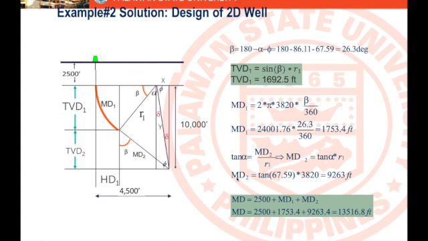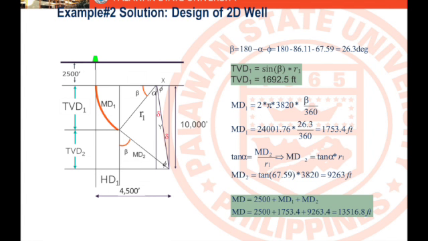So measured depth 2, tangent of this alpha angle right here. Let's go to this triangle. Here's another way to find measured depth 2. The tangent of this alpha angle right here is the opposite over the adjacent side. The adjacent side is R1, the first thing that we have calculated. We have a value for alpha angle, that is 67.59.